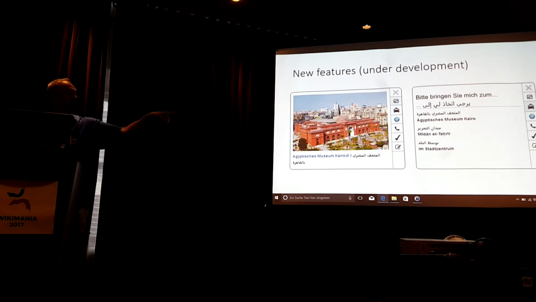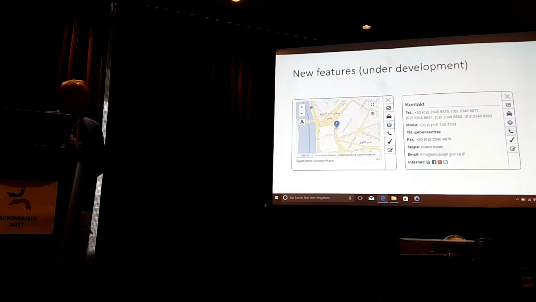Unfortunately, it's German, but the second is a taxi button. You can read there, please take me to, and then the object's name in the local language, so you can just show it to the taxi driver if you don't speak the local language. And you can find all the necessary information, including a dynamic map, in one of these pop-up windows.